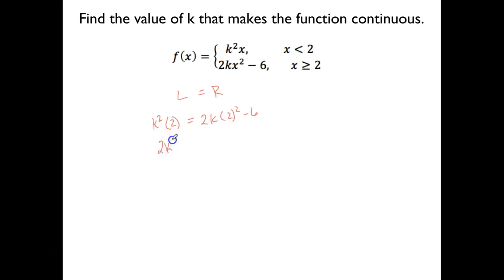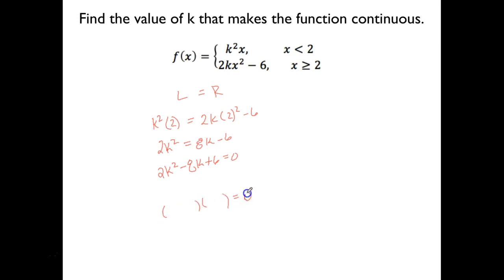Now we got 2k squared equals 4 times 2 is 8k minus 6. Now, you're trying to solve for k, and you see a k squared. Remember, that is the sign to move everything over, so we have 2k squared minus 8k plus 6 equals 0. Remember, we're setting it equal to 0 so we can factor.